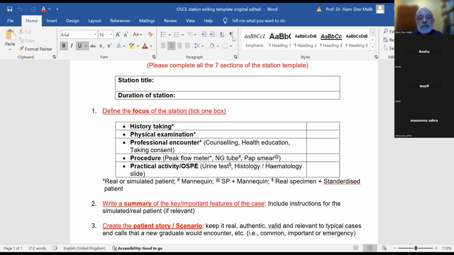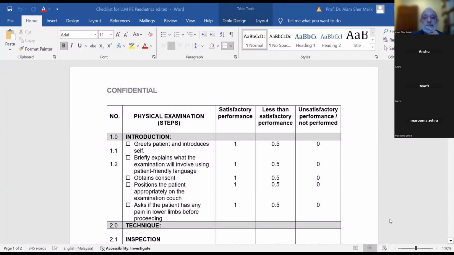The second is the marking scheme, which I have also shared with you. Right here are the 3 columns: satisfactory performance, less than satisfactory performance, and unsatisfactory performance.